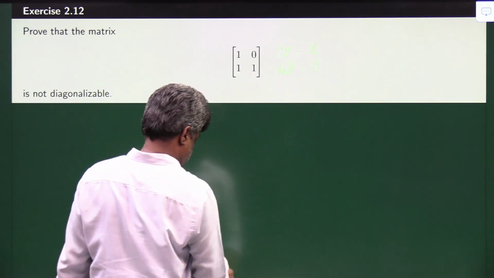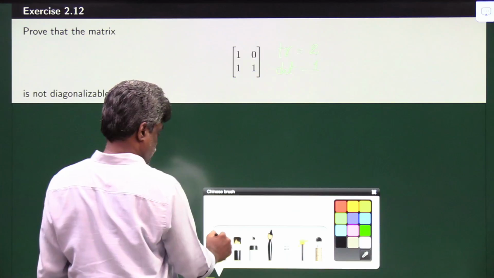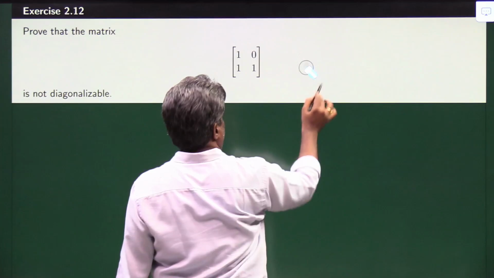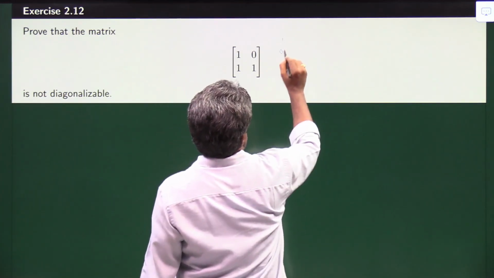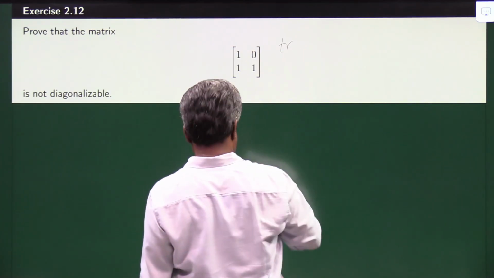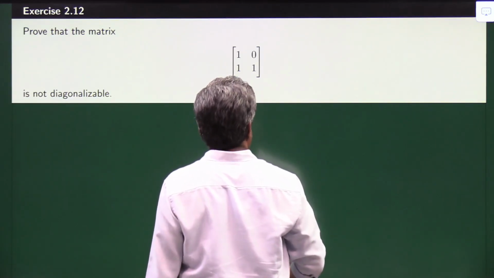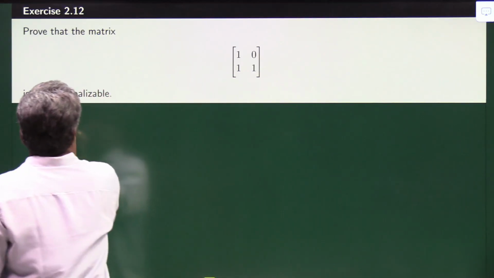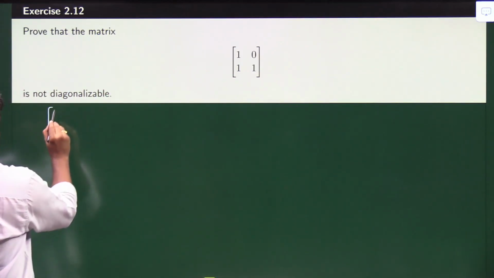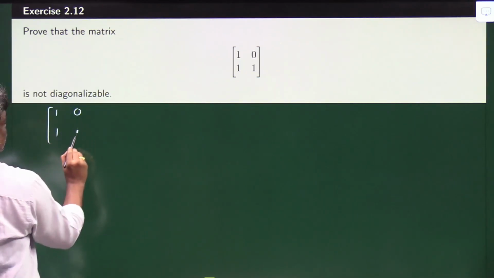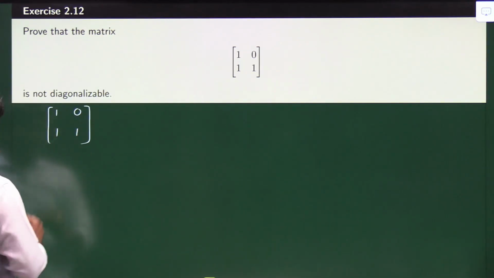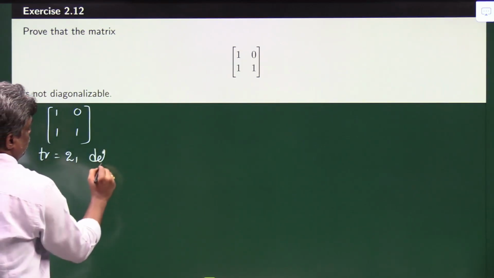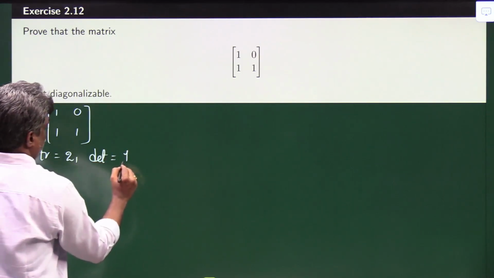Okay, let's write here only. So now take this matrix, 1, 0, 1, 1. Now the trace is equal to 2, and the determinant is equal to 1.